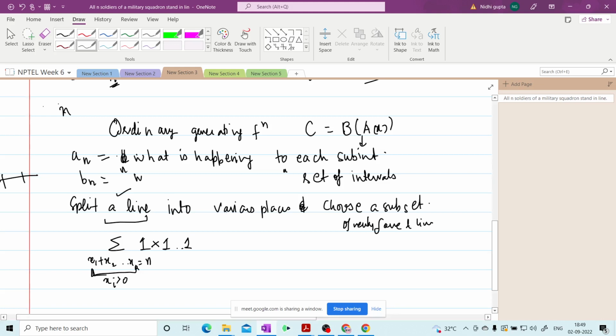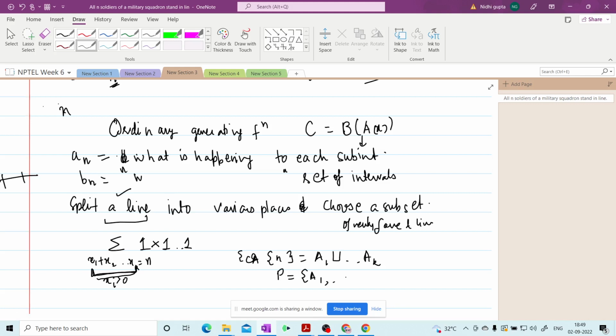If we have split our line into k places, we have distributed n into k disjoint intervals, say a1 to ak. Now our newly formed set P is a1 to ak, and we are supposed to choose a subset of it.